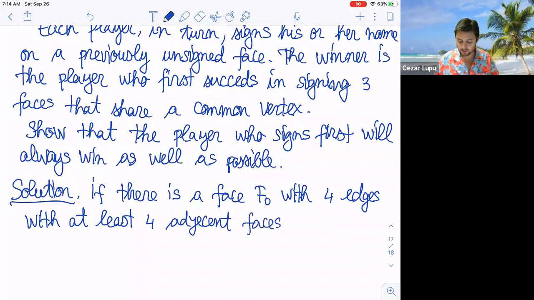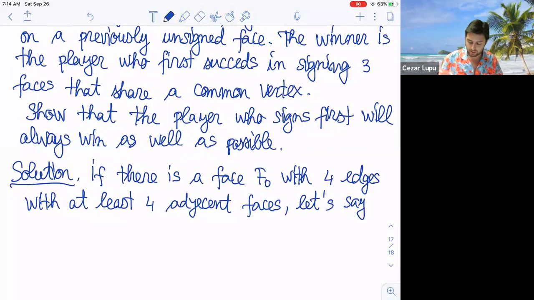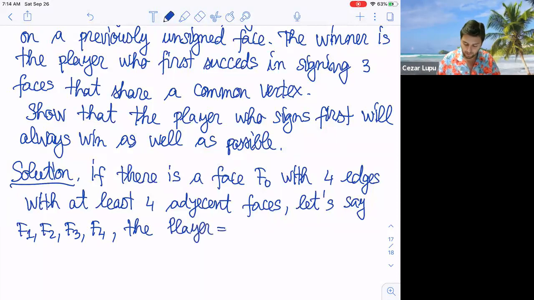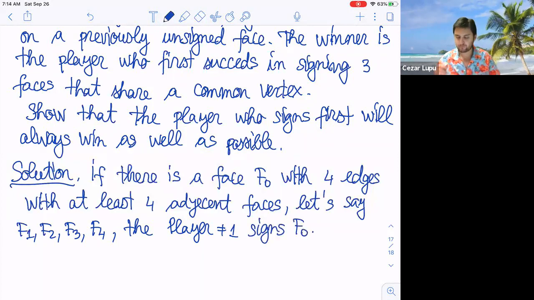And let's call these, in this order, F1, F2, F3, F4. Then the first player, let's say player number 1, will sign F0.